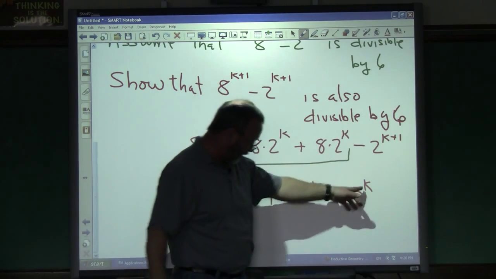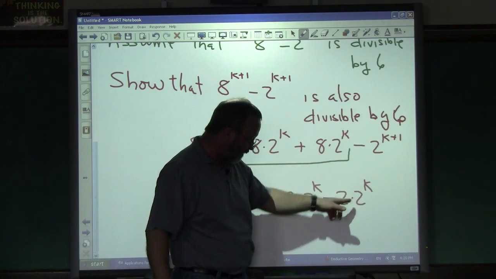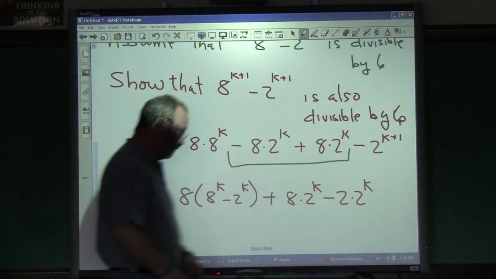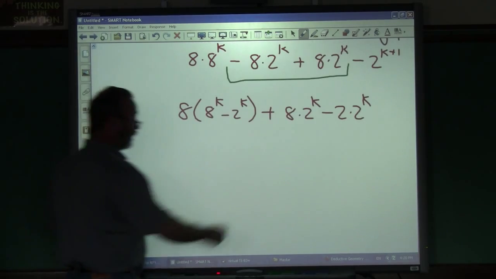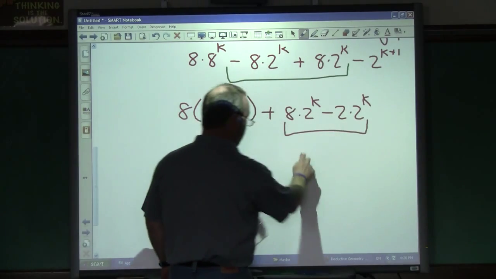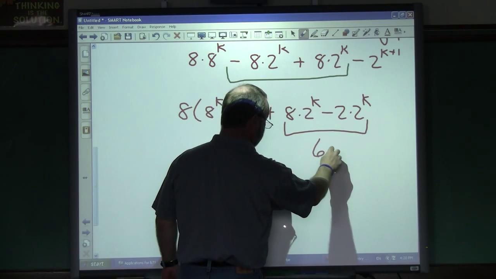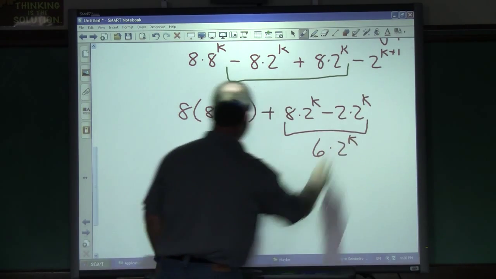Because that's what 2 to the k plus 1 is, 2 times 2 to the k. And then I noticed that this part is just 6 times 2 to the k.